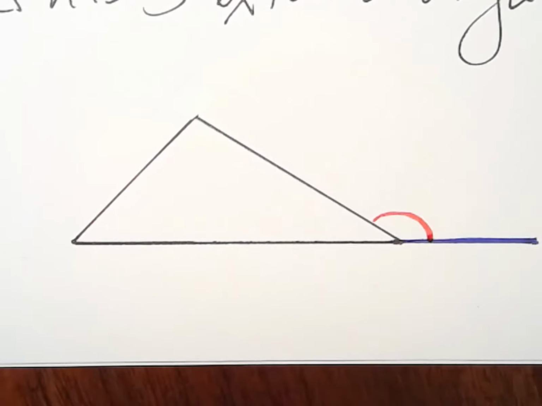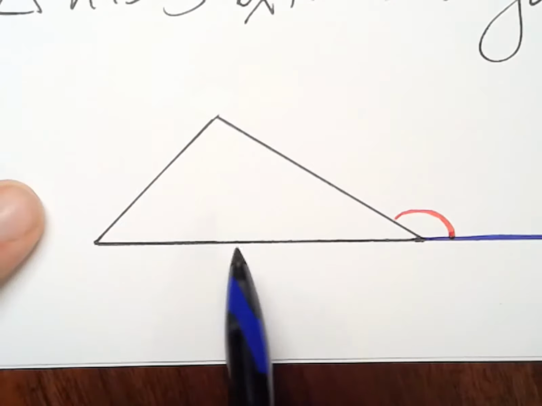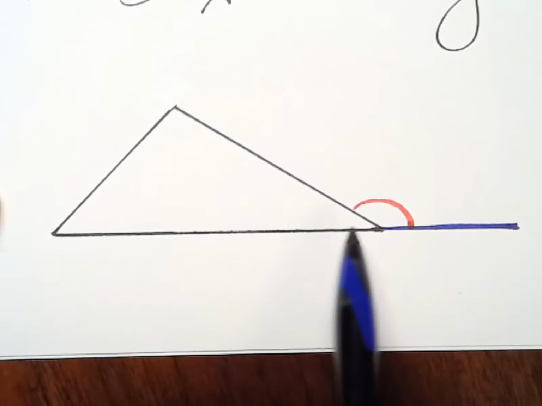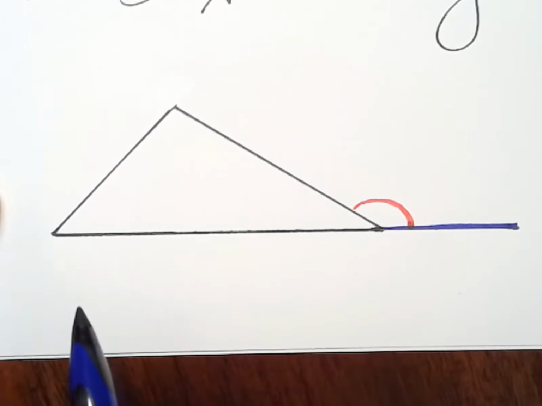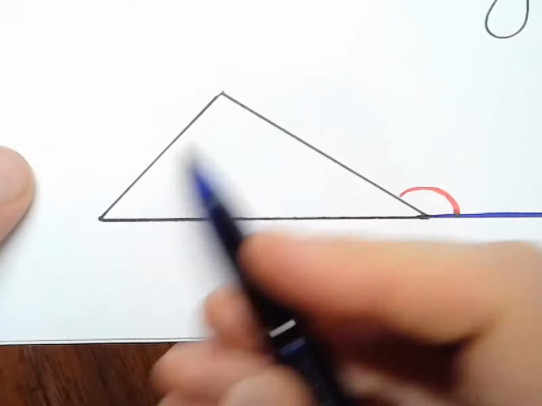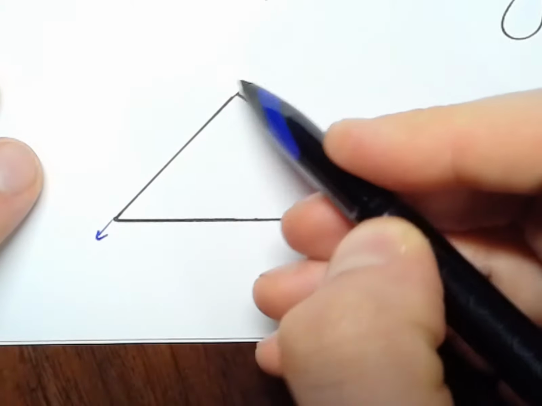Now, to find the second and third exterior angles, notice that we've extended this side, so we're not going to be extending this side anymore. You're extending each side of the triangle only once. And so to figure out which way you extend them, let's go to this side. We can either extend this going down or going up.